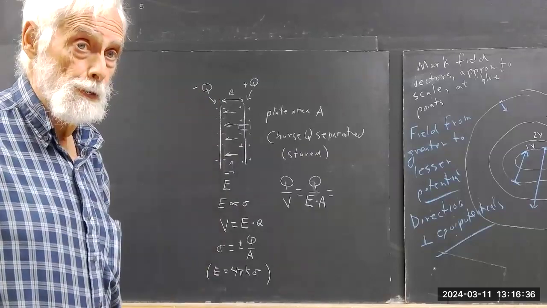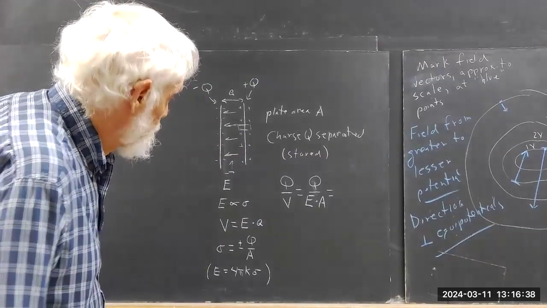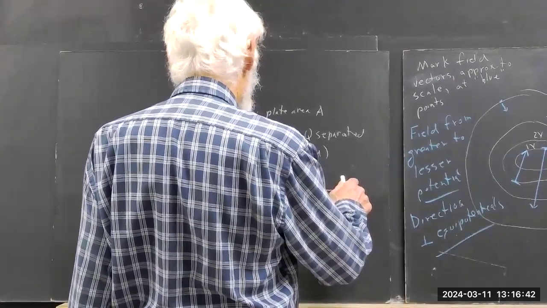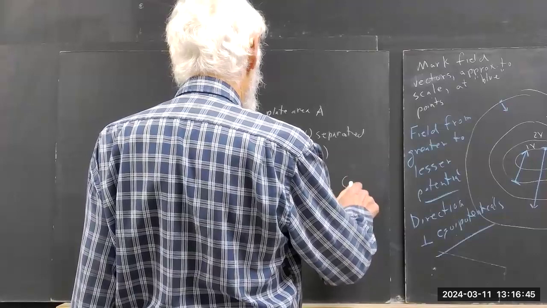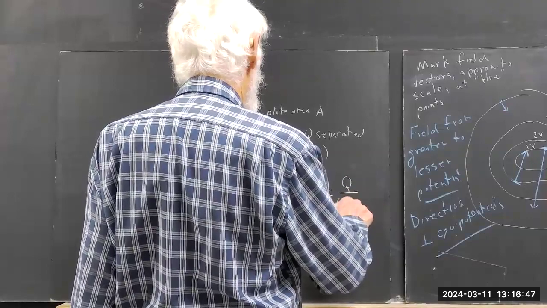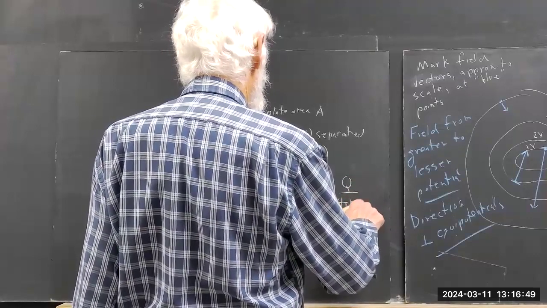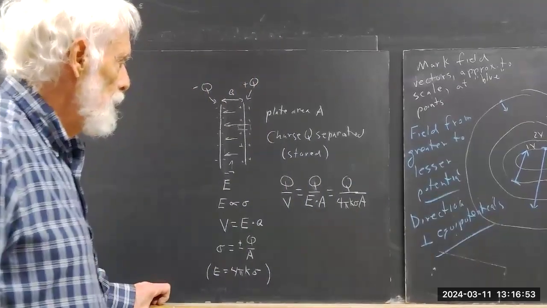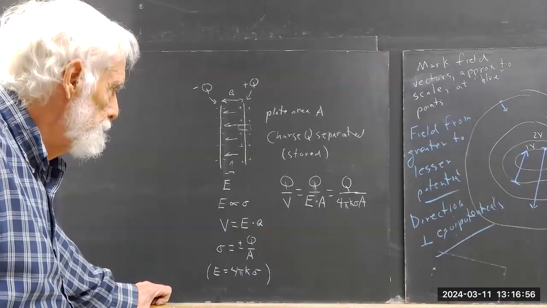The field from this plate is 2 pi K sigma. Okay. So this is going to be Q over 4 pi sigma A.